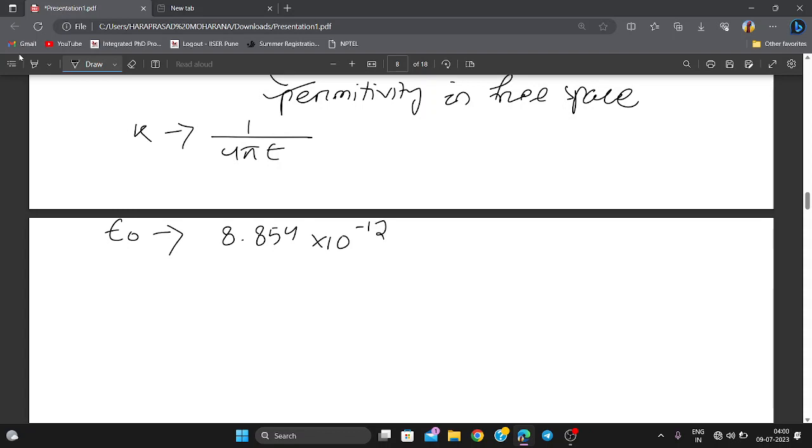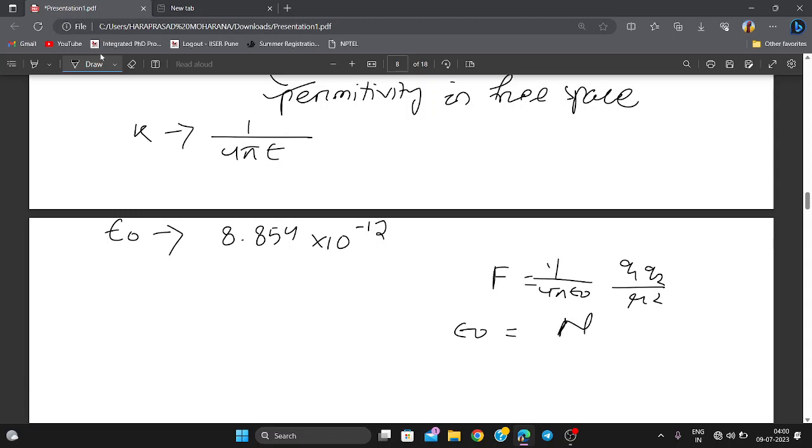If I have to calculate its unit, F is equal to 1 by 4 pi epsilon naught Q1 Q2 divided by r square. I have to calculate the unit of epsilon naught.